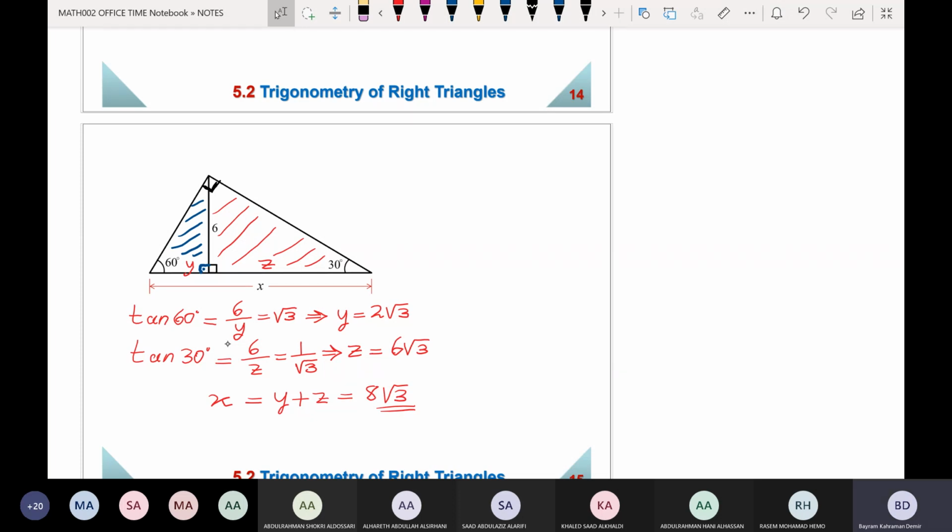We solve for z: z is equal to 6 times root 3. Now I have y and z, so x is equal to y plus z, which is 8 times root 3.